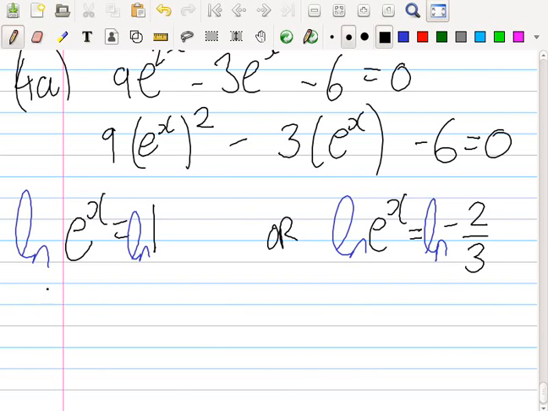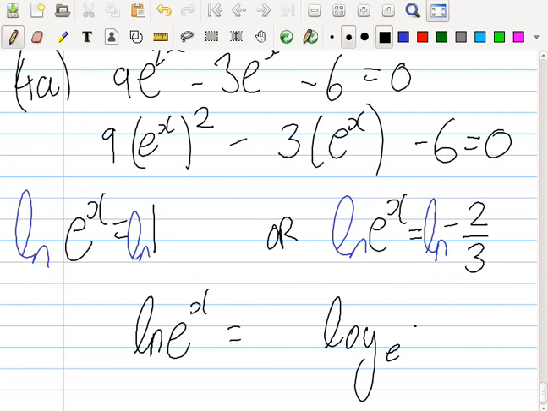Well, look here. Log e^x, what base is natural log? E, isn't it? So e to what power makes e^x? Come on, wake up. x. e to what power makes e^x? x.